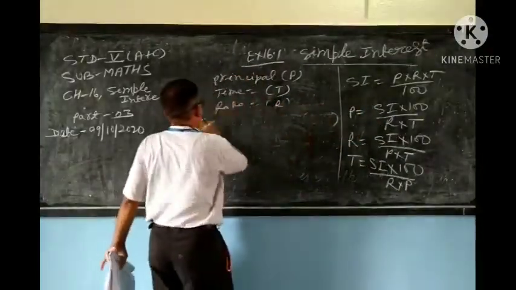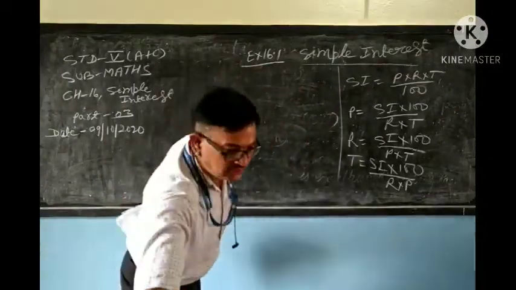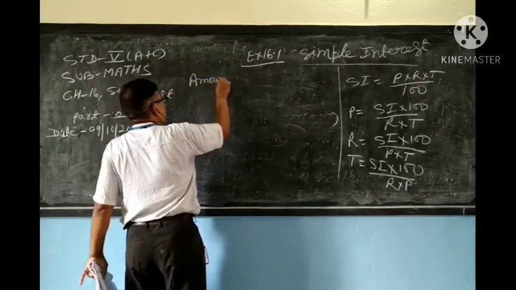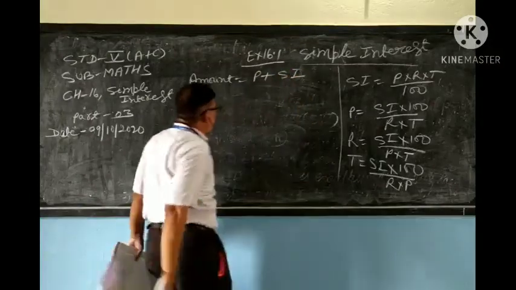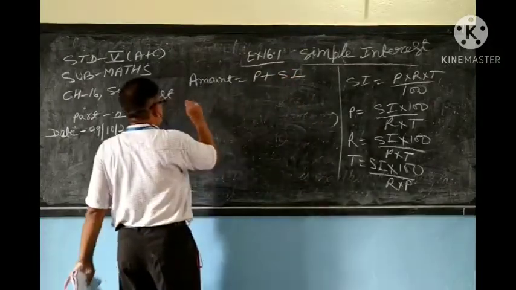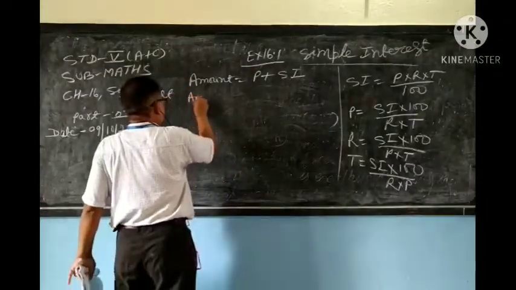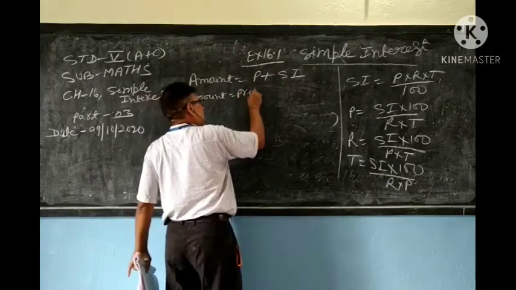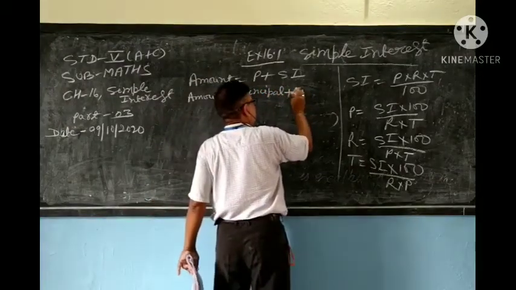about amount. So what did you write? Amount is equal to P plus SI. It can be written as amount is equal to principal plus simple interest.